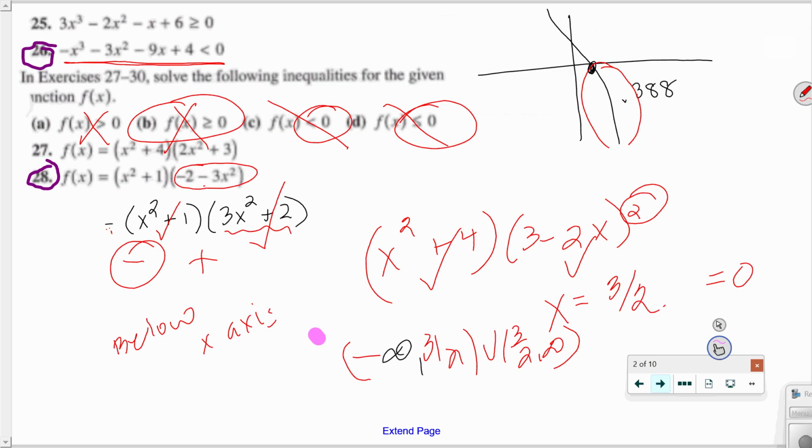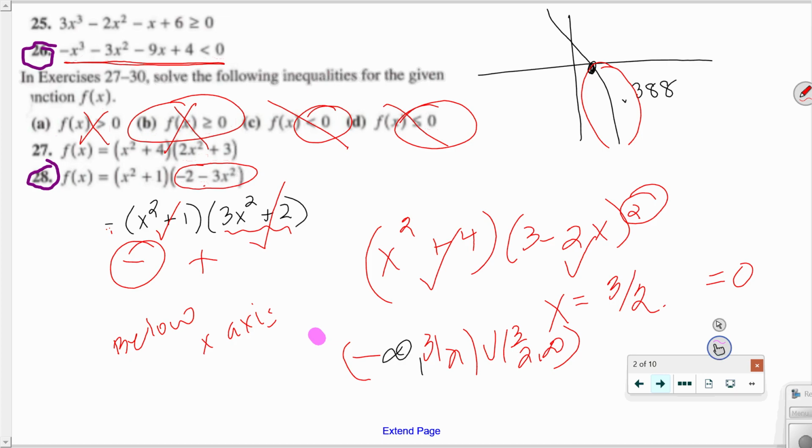On which one? On D? Yeah. No, 3 halves. Yeah, unless I wrote it wrong. Did I write it wrong? Let me look at what they say back here.